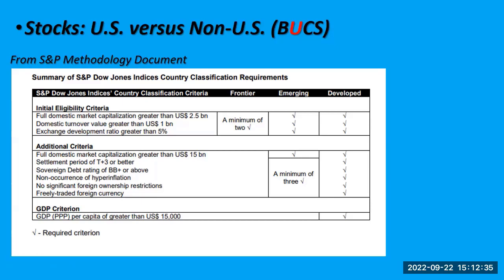So Apple by itself is 1,000 times larger than that. So they're not asking for much. Turnover has to be $1 billion. I don't know in the US what it is. I think just Apple by itself is more than $1 billion, just how much trading is going on on a daily basis. I've done a trade myself of $1 billion. So that's not a big number. $1 billion is not much money. So there's not much there.